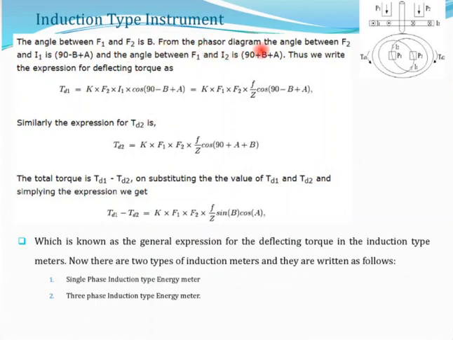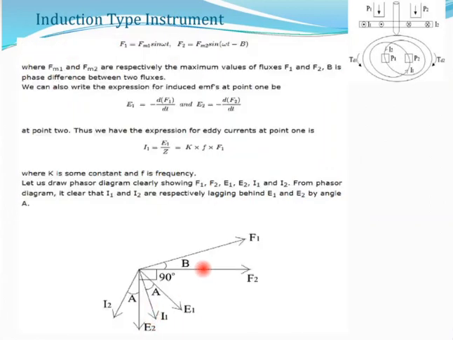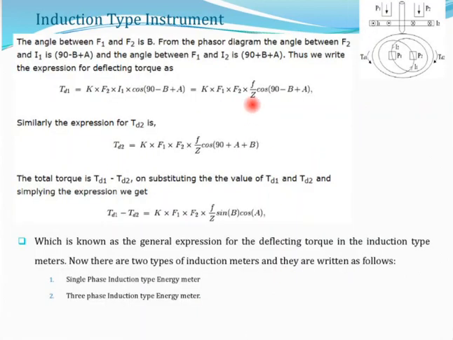From the phasor diagram, the angle between F2 and I1 is 90 plus B plus A. Similarly, the angle between F1 and I2 is B plus 90 plus A. Thus we write the expression for deflecting torque 1: TD1 equals K into F2 into I1 into cos(90 minus B plus A).